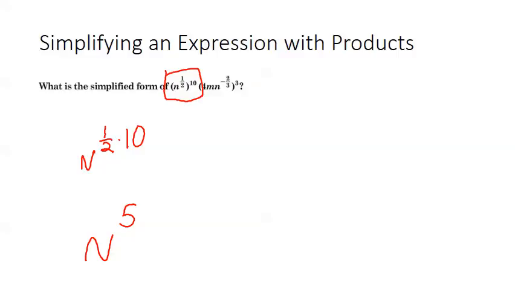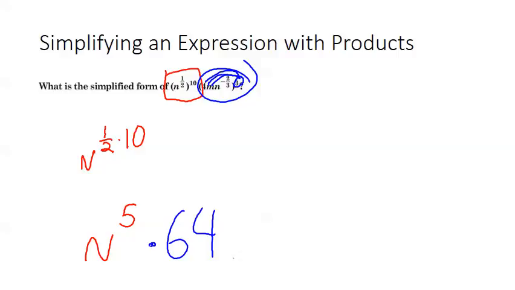Let's do here. 4 times mn to the power of negative 2/3 to the power of 3, all to the power of 3. Now, this is going to be sort of a reverse distribution, okay? We're going to take that 3, we got to apply it to everything in there. So 3 has 4 cubed, 4 times 4 times 4 is going to be 64. Now, we're going to end up putting that in the front, but don't worry about that yet. Okay?